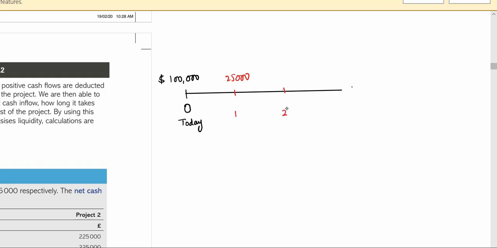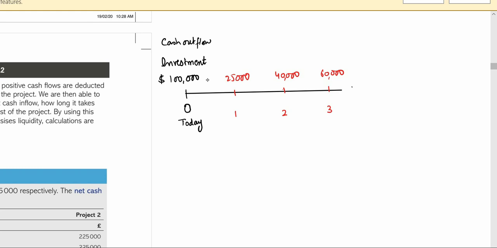In year two, we receive 40,000. In year three, we receive 60,000. The investment that we made into the business is the cash outflow, meaning we spend 100,000 on the particular project.